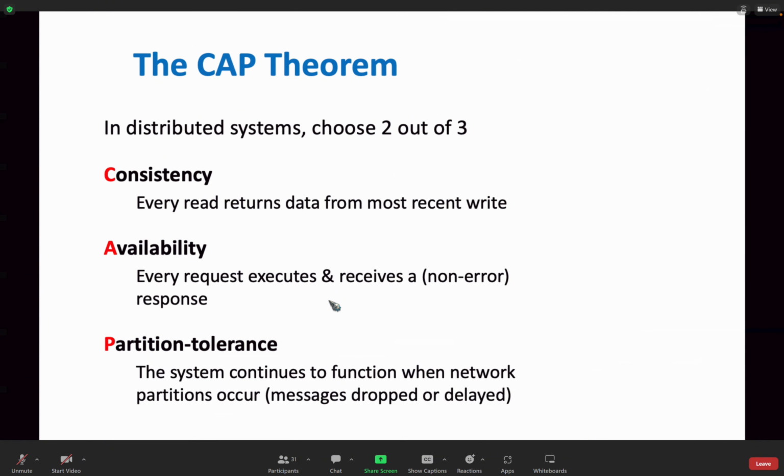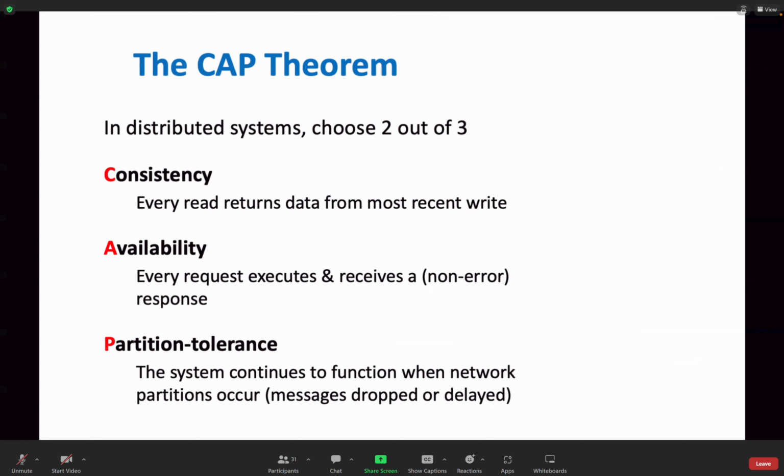That's what it means. Does it sound similar to some physical property in physics? The Heisenberg uncertainty principle, right? Position and velocity of a particle: you can't know both at the same time with great accuracy. You have a trade-off. That's the principle in physics, and something similar in distributed systems.